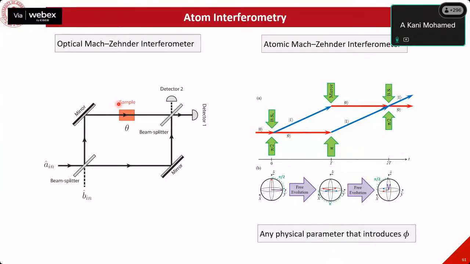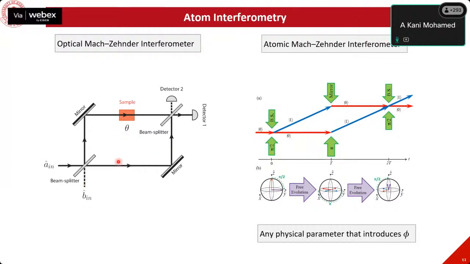So a similar thing we can construct for an atomic interferometer. The first thing, we can split the atoms. So first, initially prepare the atoms in the ground state and use a pi by 2 pulse. That is going to split the matter wave, or the atomic beam, into two directions without destroying the coherence between the paths.